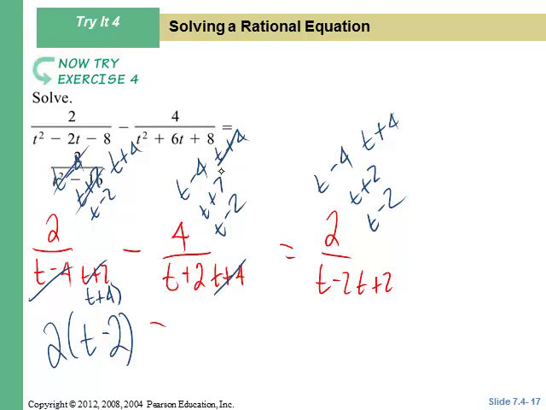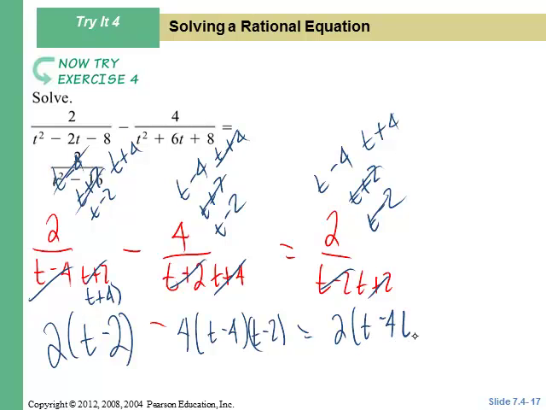Okay, t plus 4, t plus 2, so we're left with 4 times t minus 4, t minus 2 equals, these two cancel, 2 times t minus 4, t plus 4.